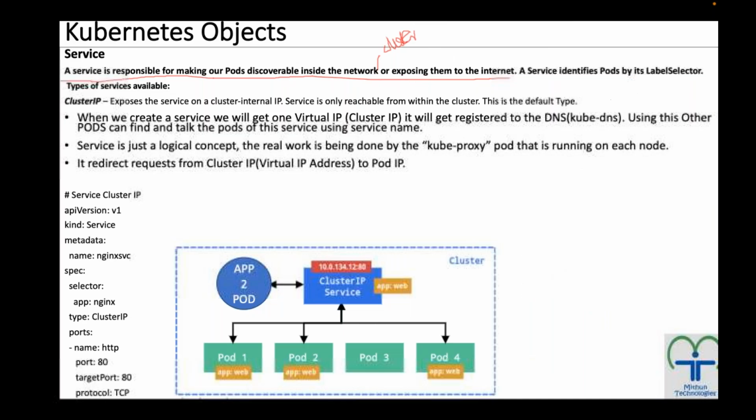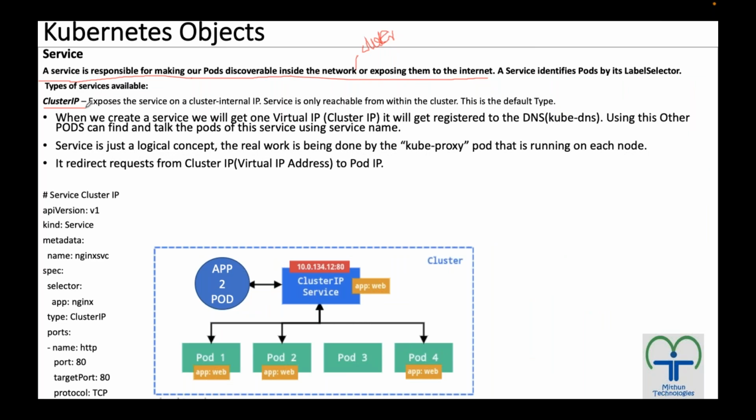Now the cluster IP service. When I create a service of type cluster IP, it will expose the service on a cluster internal IP. We call this a cluster IP, or service IP, or virtual IP. So basically this is my service.